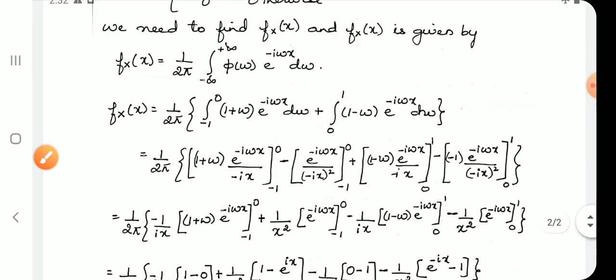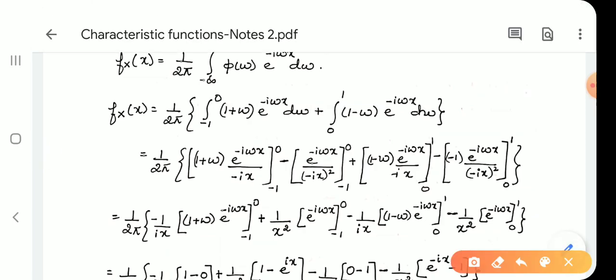So let us integrate it now by applying the integration by Bernoulli's rule. So this becomes 1 by 2 pi, 1 plus omega into the integral of e to the power i omega x, which becomes e power minus i omega x divided by minus ix. Immediately I will apply the limits minus 1 to 0.